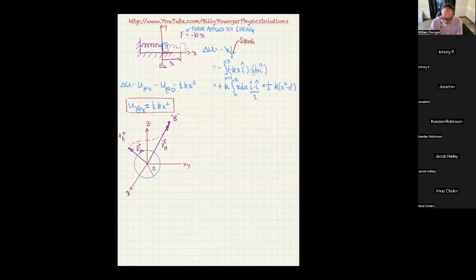Okay. Now, what I would like to do is work out what the actual potential energy change is as the negative of the work done by gravity. So in this case, I'm going to say delta U, which should be UB minus UA, should be equal to the negative of the work done by capital G. Notice I just decided to use a subscript capital G because that looks like the constant in Newton's law of gravity.